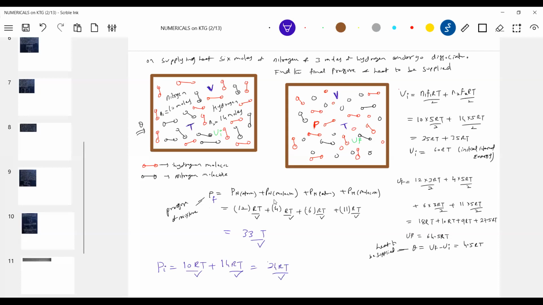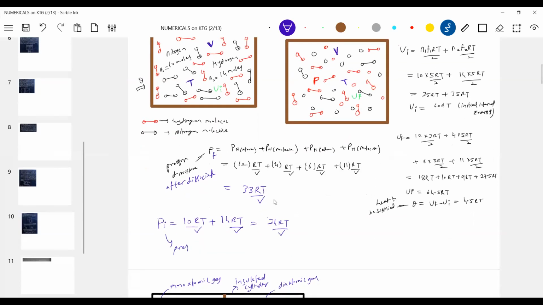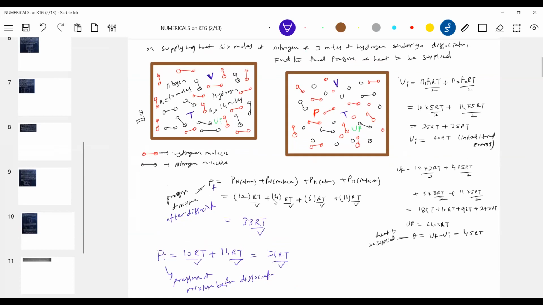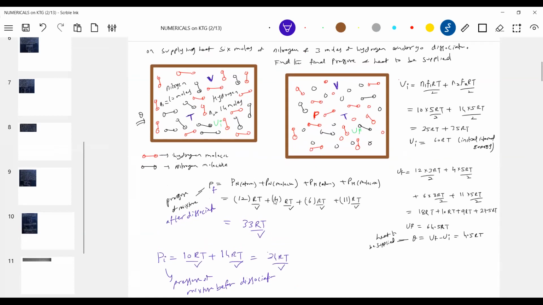So if a gas undergoes dissociation, what will happen to pressure? Pressure of the mixture after dissociation. In chemistry, you might have studied that if the gas undergoes dissociation, pressure will increase.